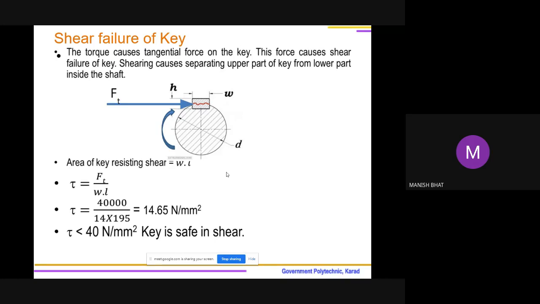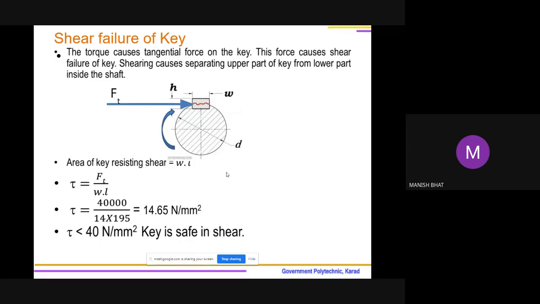So we will find out how much stress will be induced. Sometimes we calculate W, sometimes we calculate tau. Any method you can use. What will be the other method? Put tau for the key as 40 Newton per mm square. Ft we have calculated, keep W unknown and take length 195, and by this relation you can find W, right? What I have done, instead of finding W, the width of the key, is I selected W empirically, and then estimated how much shear stress is induced.